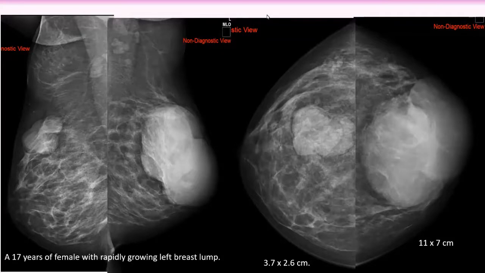It is rare, but it can present with features simulating phylloides tumor, which is juvenile fibroadenoma. Excellent, well done.